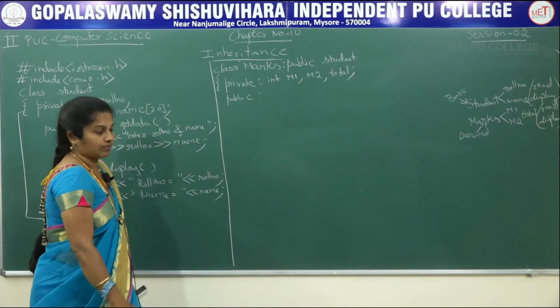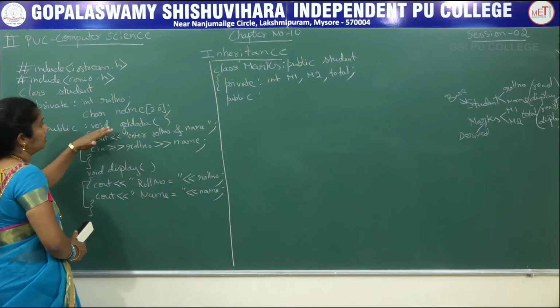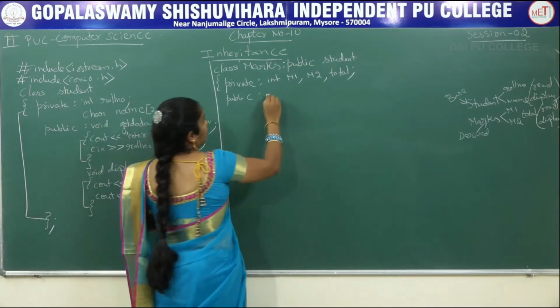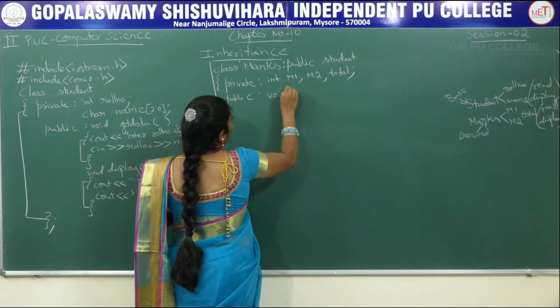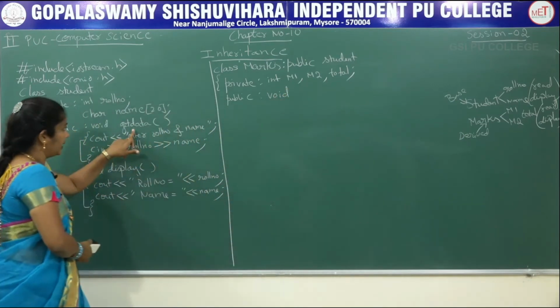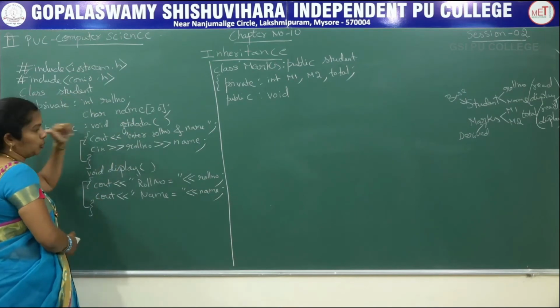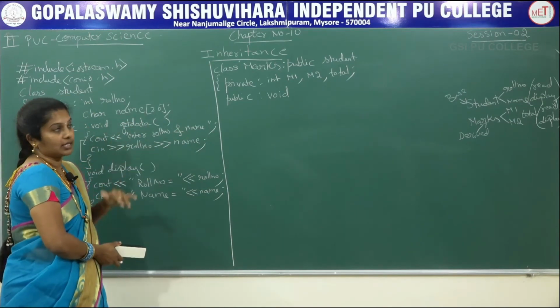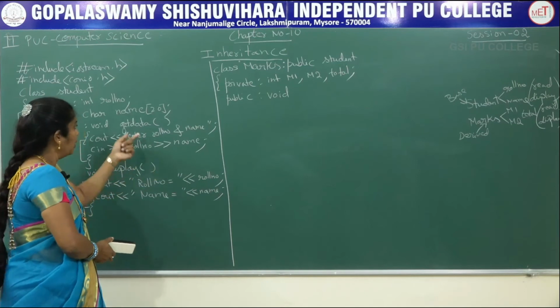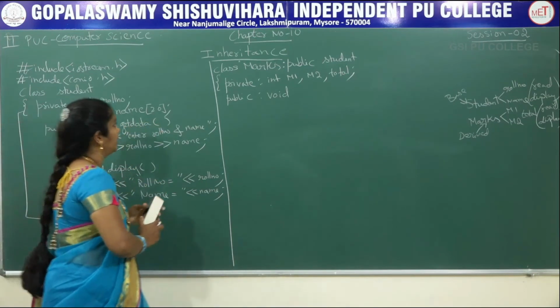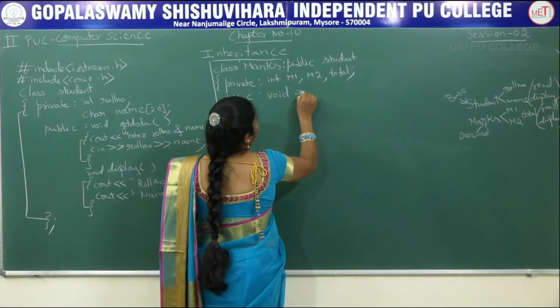Next, in the public section, declare the functions. How to define the functions? First, I am going to write void. I already gave one function name, get data, in the base class student. Now the derived class needs another function. Here I took get data, now I am going to write it as get data 1.